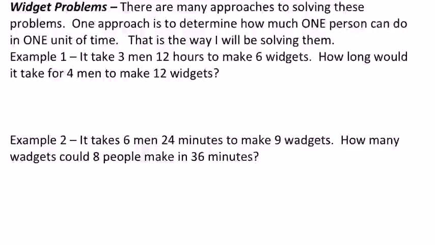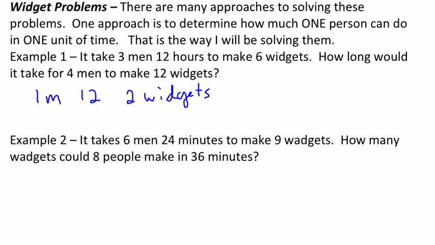In example 1, it says it takes 3 men 12 hours to make 6 widgets. If there's 3 men and 6 widgets, then you could say that each man makes 2 widgets. And so that means we could say that 1 man takes 12 hours to make 2 widgets.